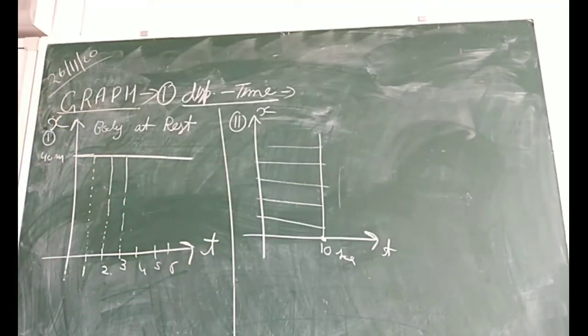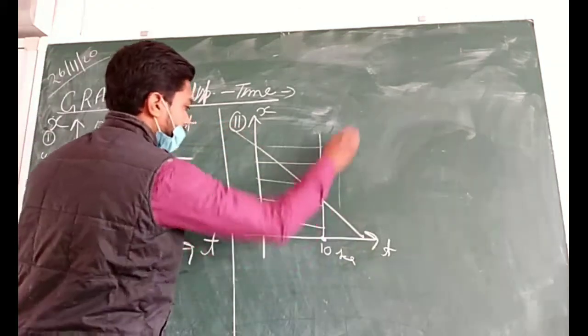Students, first of all, is it possible that time can be stopped? No, sir. No, time will never stop. Time is always moving on. Okay? And is it possible that at the same time instant so many positions are there? No, sir. No. It means this graph is incorrect.